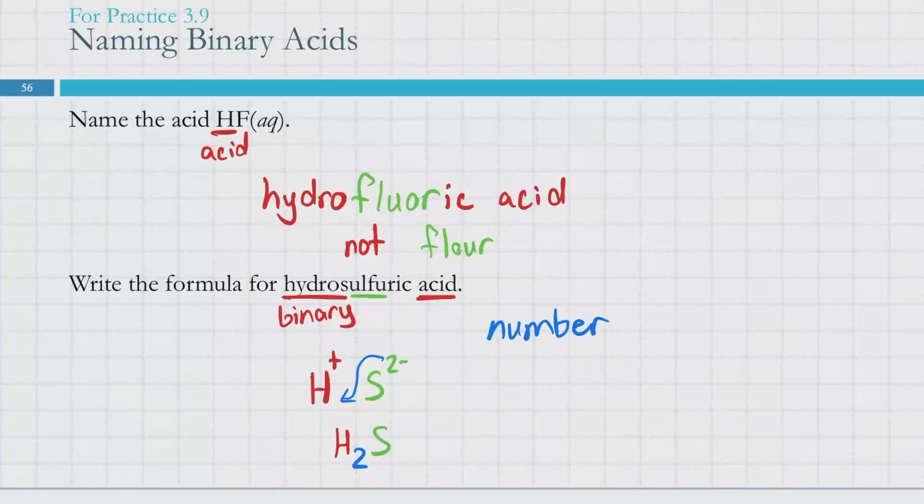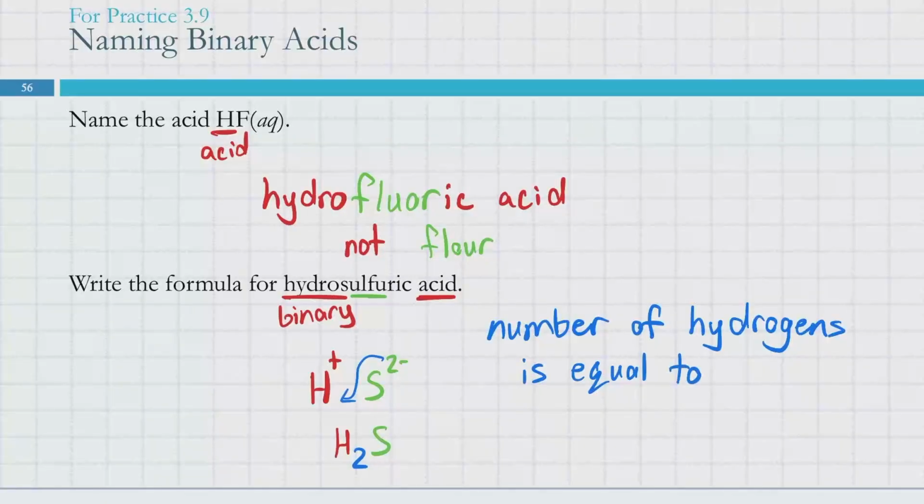So when we're going from the name to the formula, I'm going to write it out: the number of hydrogens is equal to the charge on the nonmetal.